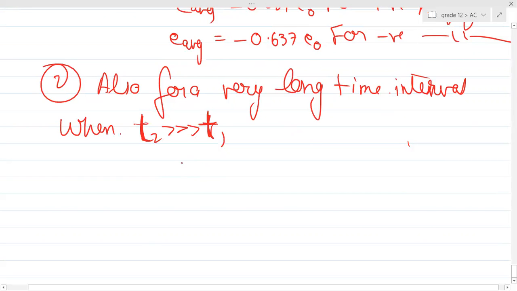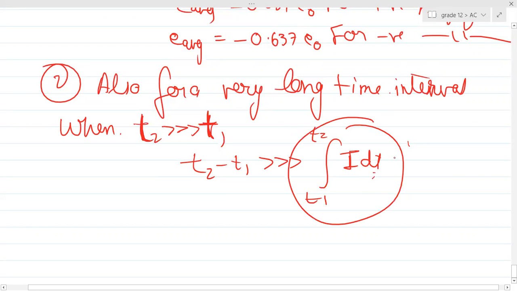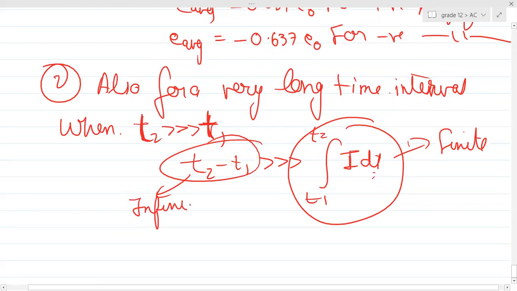Then can I say the value of t2 minus t1 will be way bigger than the integration of whatever the current is from t1 to t2? Because this will be in the sinusoidal form, this thing will be finite, and since this is very big, it will be infinite. So what is finite divided by infinite?